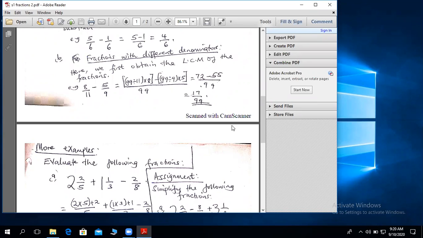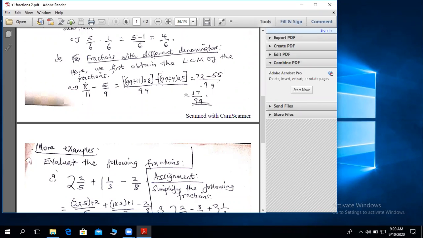17 out of 99. This is very, very important. I don't want anyone to mess up. I've seen students make mistakes here. When the denominators are different, first get the LCM of the denominators, which is 99.